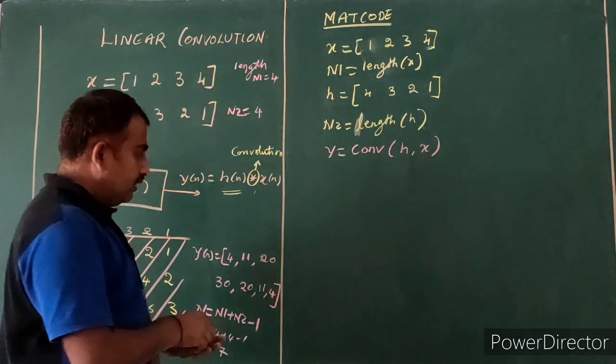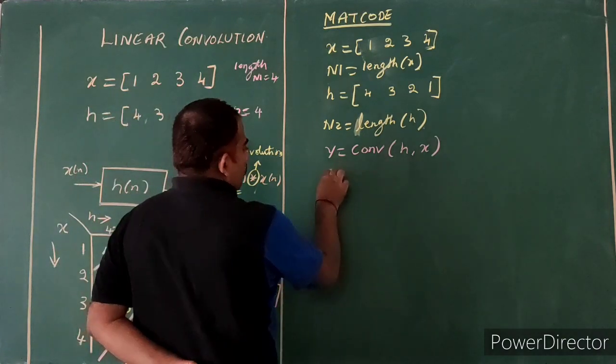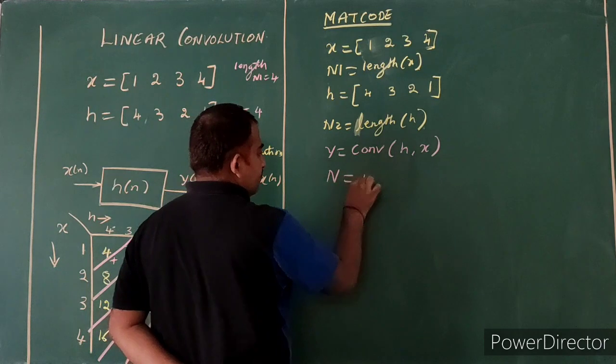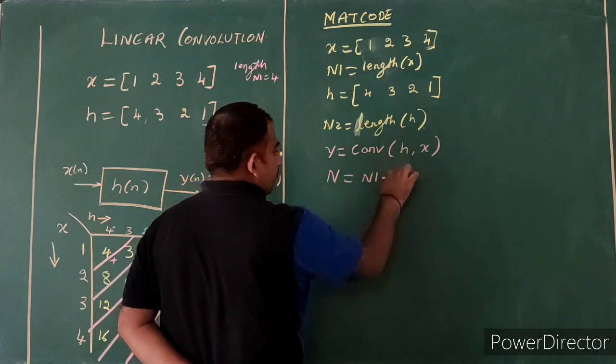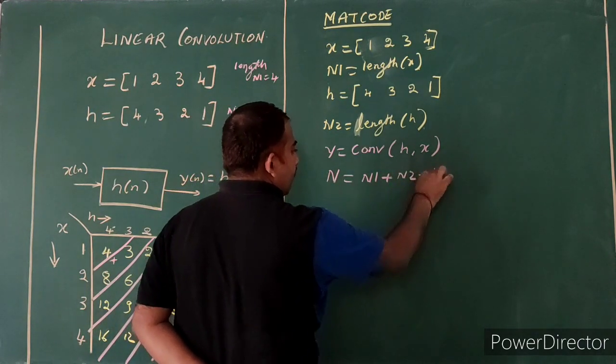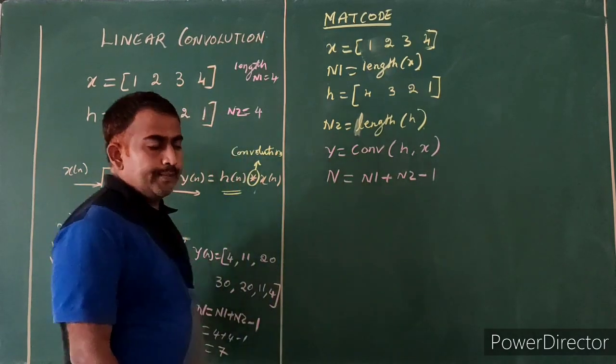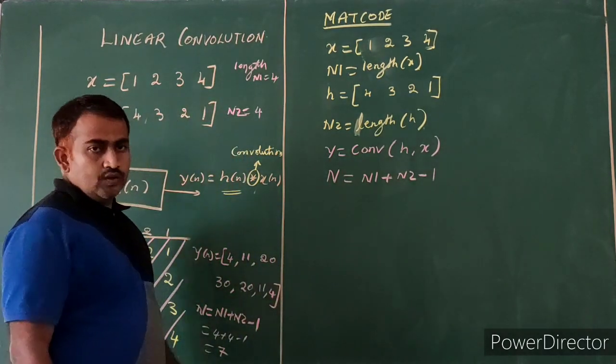Now what is the final length? N is n1 plus n2 minus 1. So all the lengths we have just got.